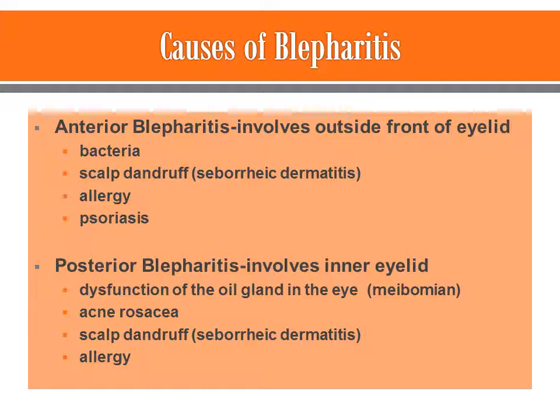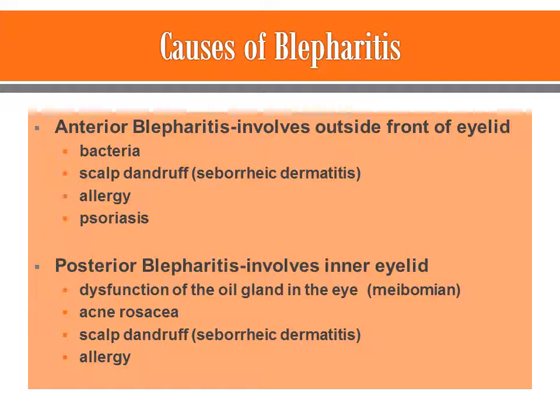Most cases of blepharitis are posterior blepharitis, which involves the inner eyelid. And it's usually due to inflammation of the meibomian gland of the eyelid. There are about 40 of these glands in each of the upper and lower eyelids. The opening of each gland lies behind the eyelashes.